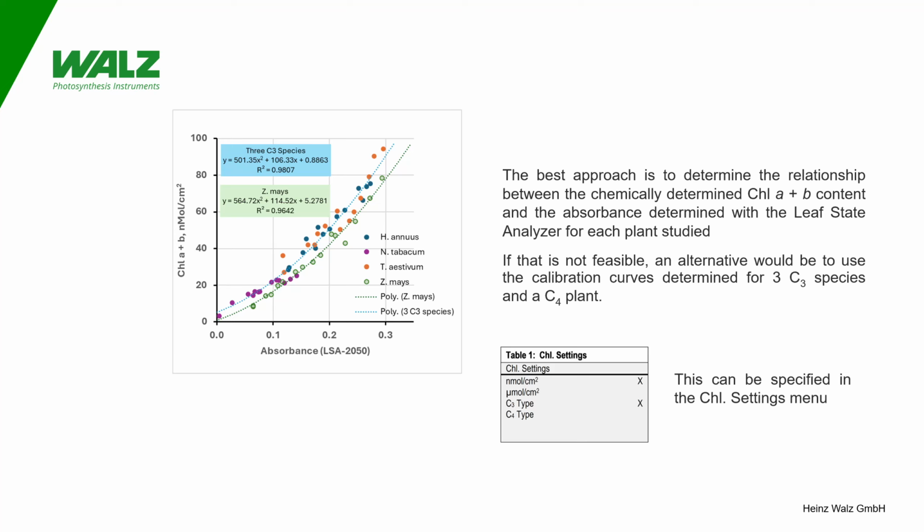The idea is that the C3 fit curve can be used as a proxy for the fit curve that could have been obtained for C3 plant species with which the user works. Choosing either the C3 or C4 fit curve in the settings, the software will turn the LSA data into nanomole chlorophyll per square centimeter and microgram chlorophyll per square centimeter using either the C3 fit curve or the Zea mays fit curve.